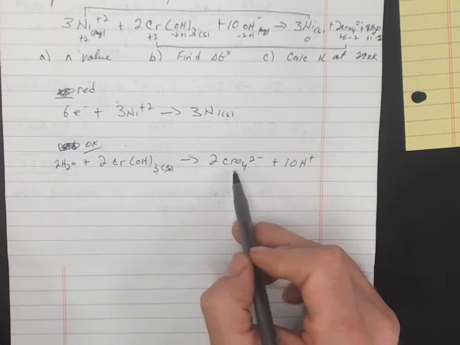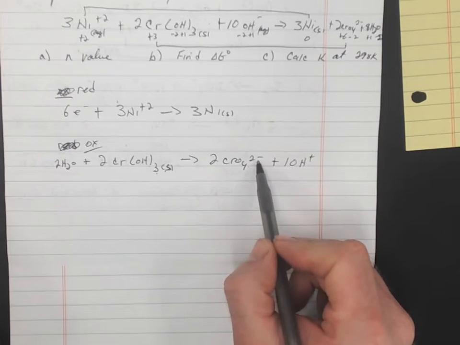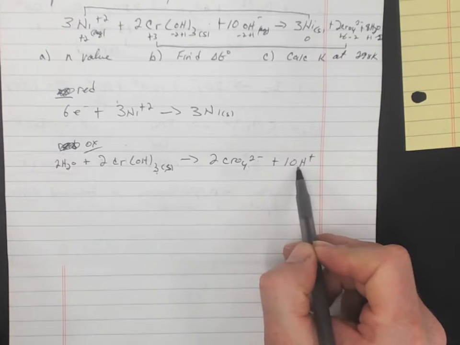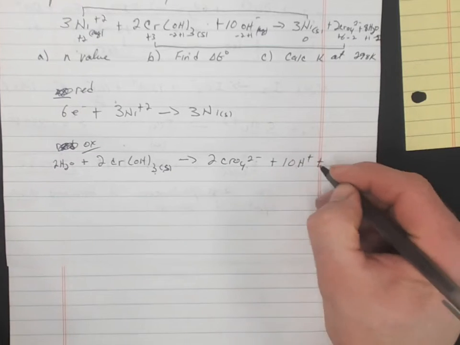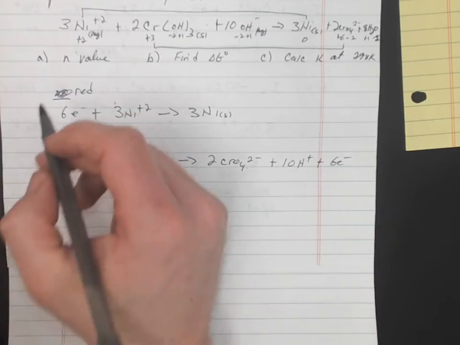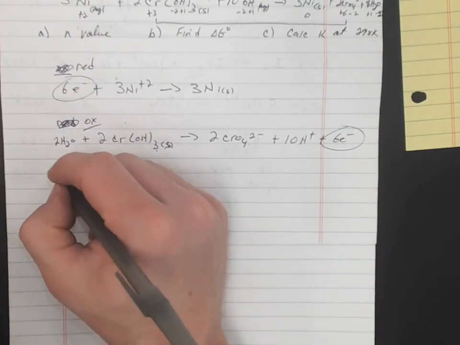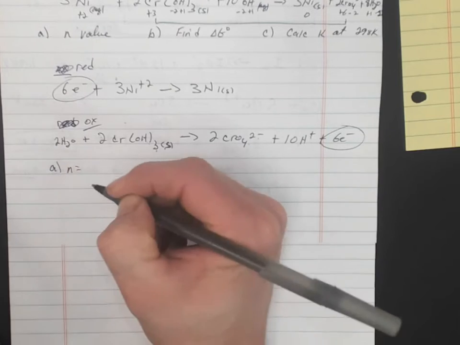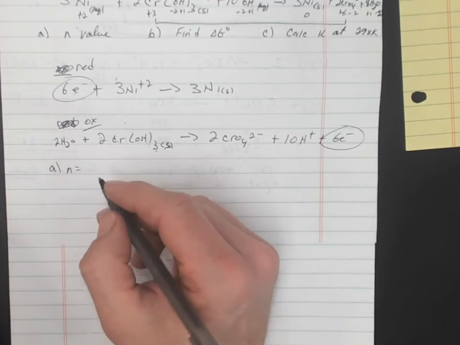On the right we have 2 times -2, so -4, so it looks like we have +6. 0 on the left. We've got to knock that +6 down. So there's our 6 electrons. Thankfully they agree, so we don't have to multiply through by a coefficient. And our n value for A will equal how many electrons? 6.